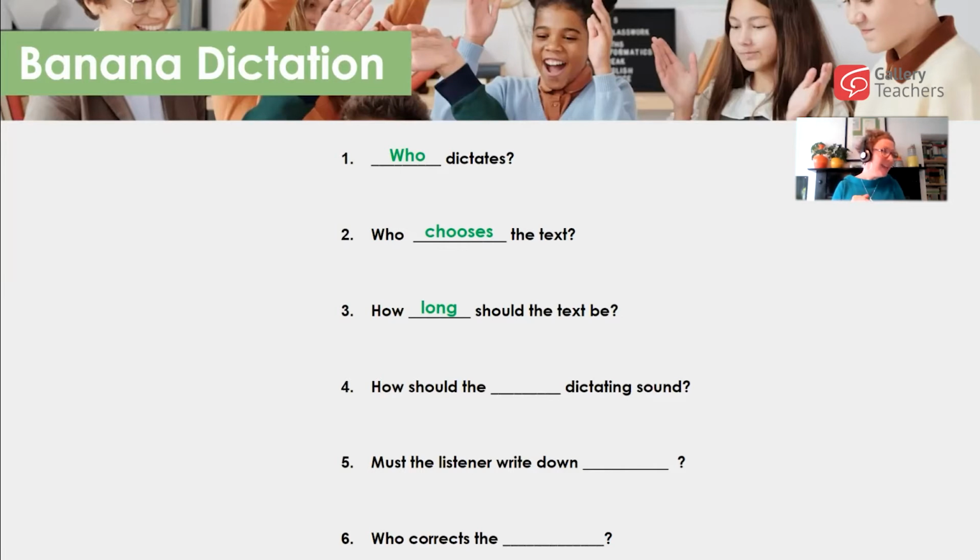And I think a very, very rough guideline would be, if you look at the texts used in the course books for the level you're teaching, if you look at how long the texts are in the text-based grammar presentation, so very often grammar will be presented through a text. If you look at how long that text is, it'll give you a rough idea as to how long your text should be for dictation.